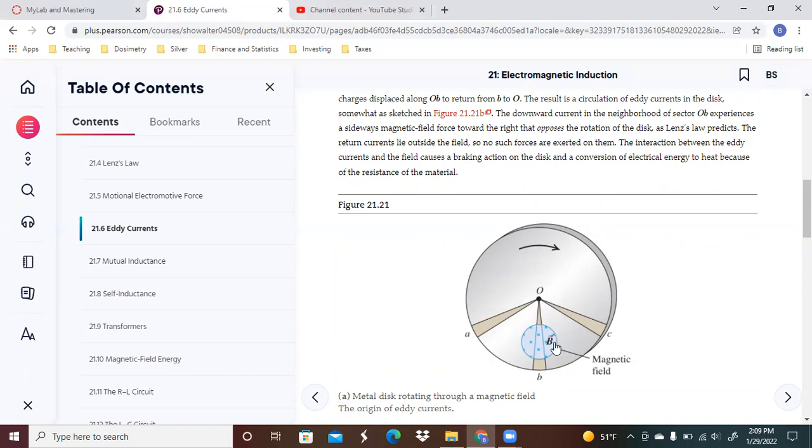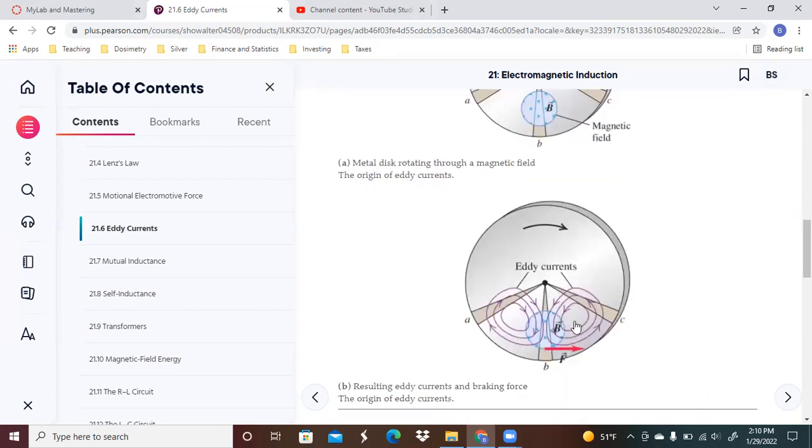The return currents lie outside the field, so no such forces are exerted on them. The interaction between the eddy currents and the field causes a braking action on the disc and a conversion of electrical energy to heat because of the resistance of the material. So you can see the eddy currents coming up here through that cross-sectional area B.